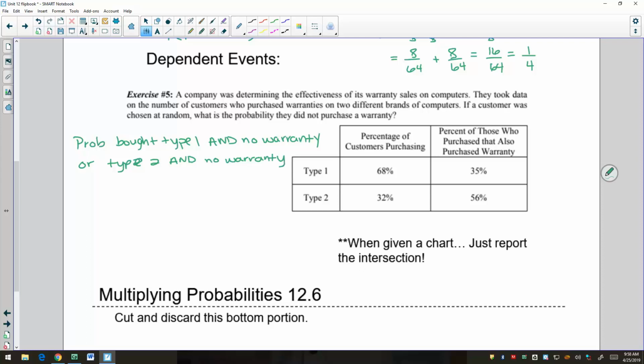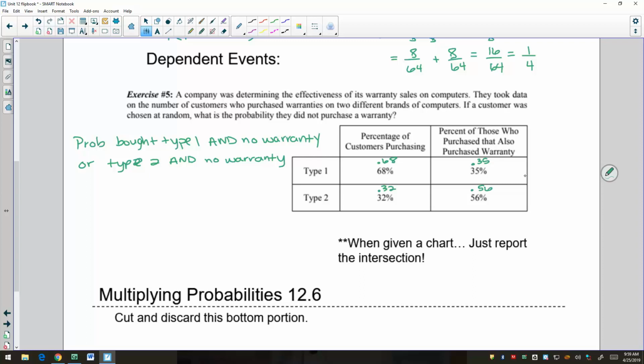So if you look at this chart, they don't tell us the percents. And remember, we don't ever really use percents in our algebra, we should use the decimal equivalent. So this 68% is 0.68, 32% is 0.32, 35% is 0.35, and 56% is 0.56.